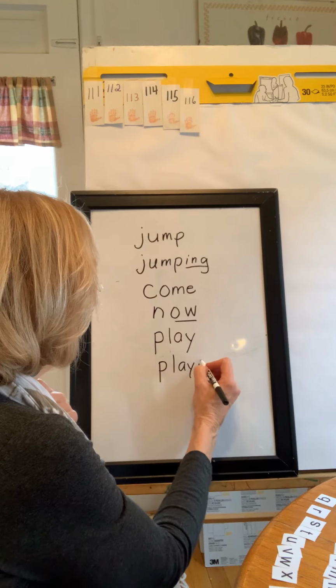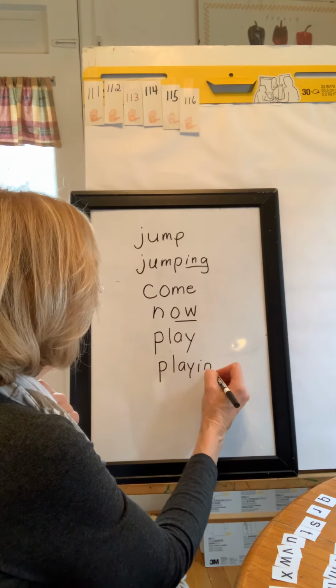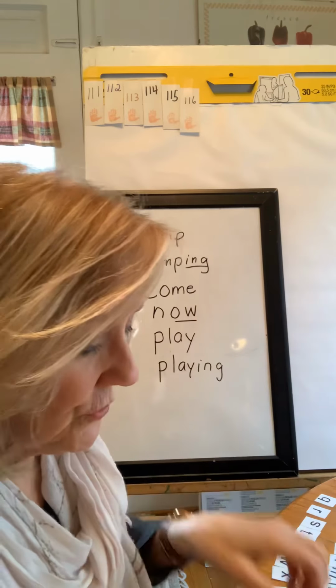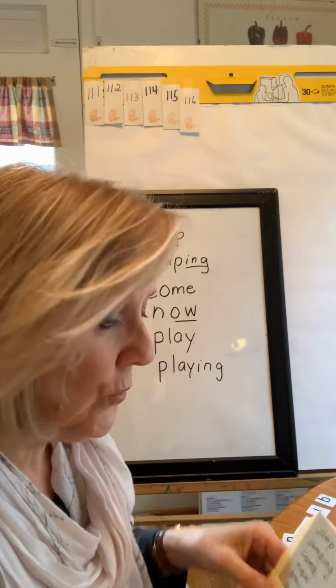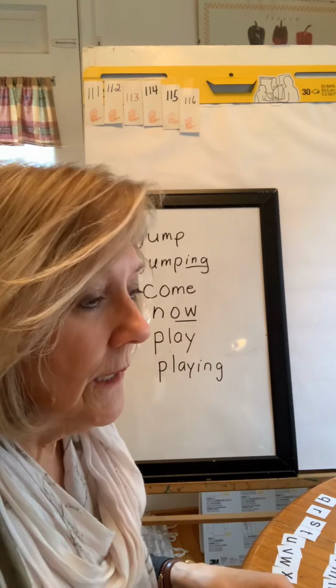So write your spelling words 2 times. Try to do that. And then if you need more practice, because you're going to do that different thing tomorrow with that folder that has those little doors. If you need more practice, use your letters. Use your ABC letters and use them to spell jump.